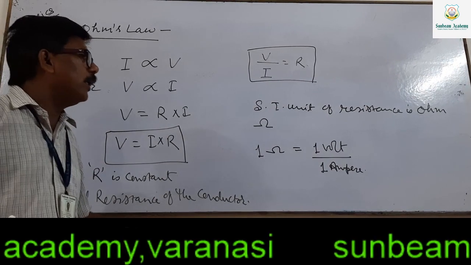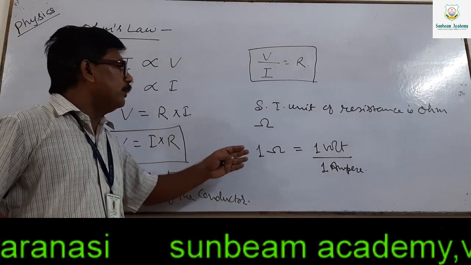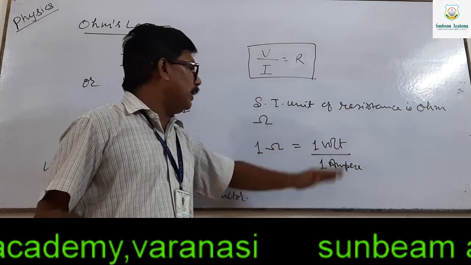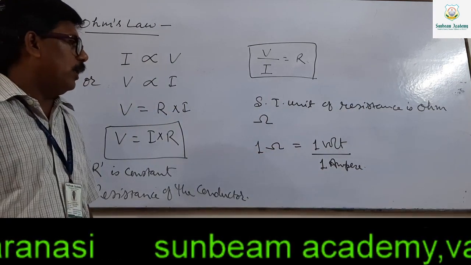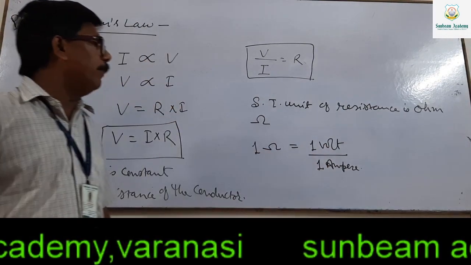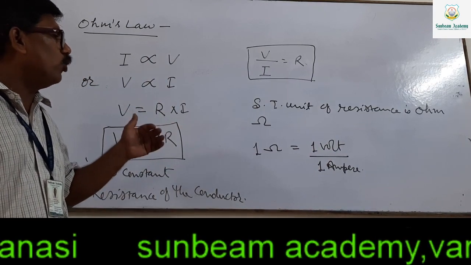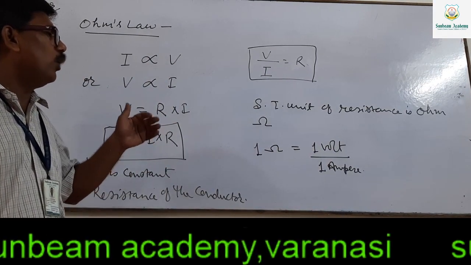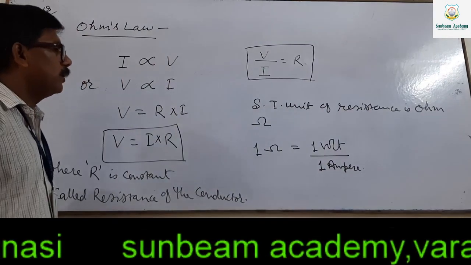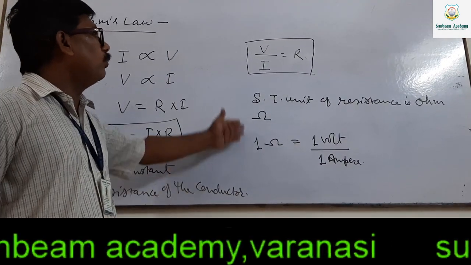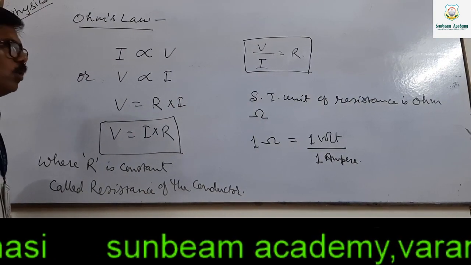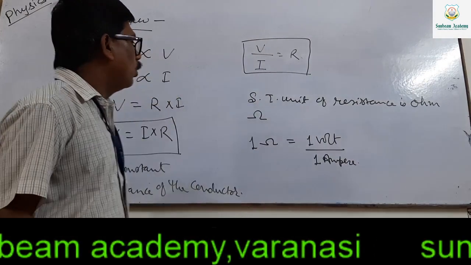Then you can define it as: if the potential difference across the conductor is 1 volt and the current flowing through the conductor is 1 ampere, or you can say that if the ratio of potential difference of 1 volt to 1 ampere current flows through the conductor, then you can say that 1 ohm is the resistance of that conductor. Means 1 ohm is equal to 1 volt upon 1 ampere.